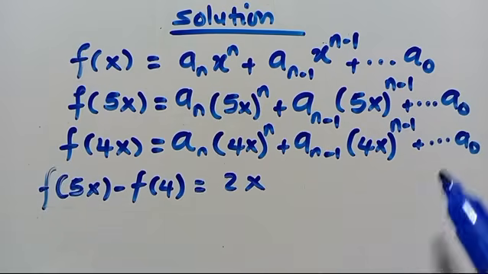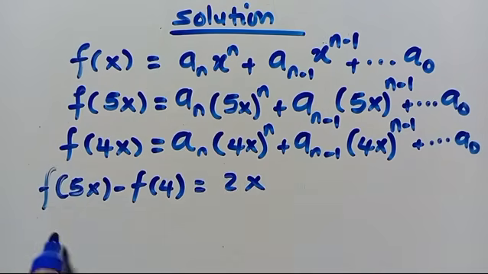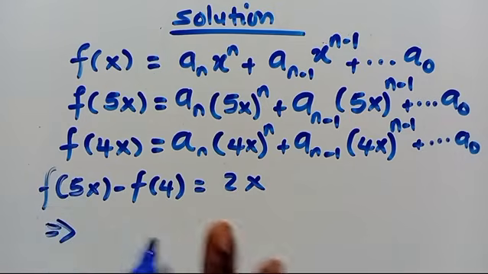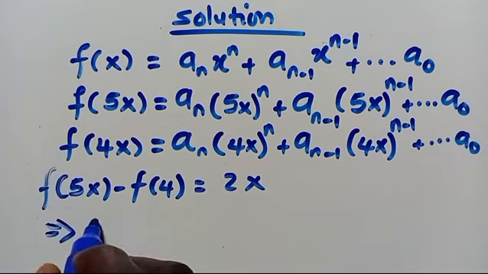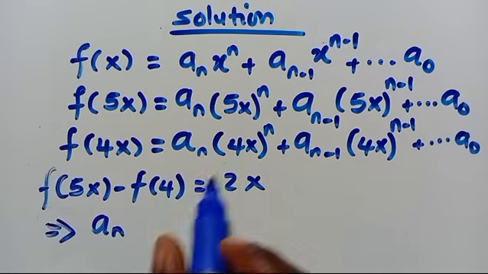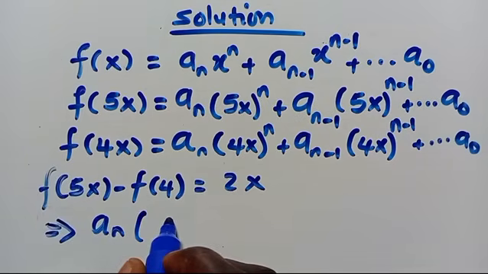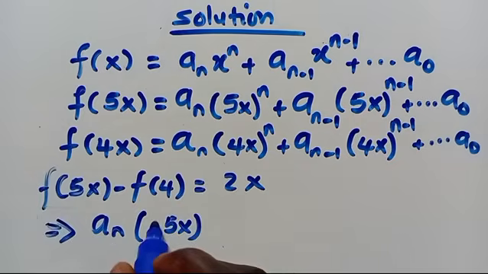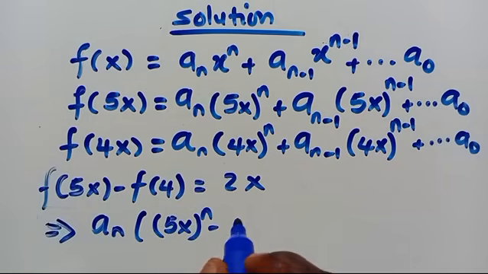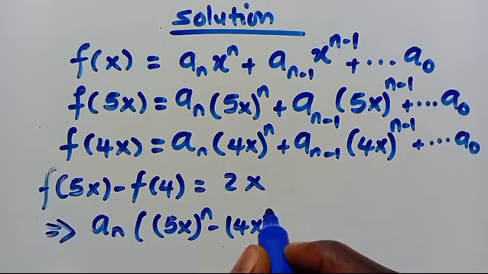So from here, definitely we have to subtract this from this, and this will now be a_n. When we have this, then we are going to have (5x) to the power of n minus (4x) in parentheses to the power of n.